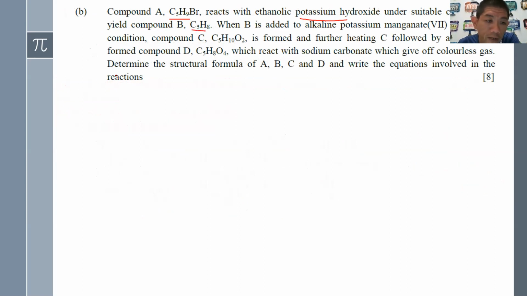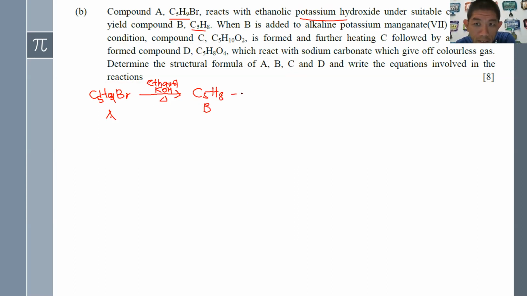So if possible, in your essay question, write a flow scheme like this to understand what is going on in here. A reacts with ethanolic KOH under reflux to form a compound of formula C5H8, which is B.